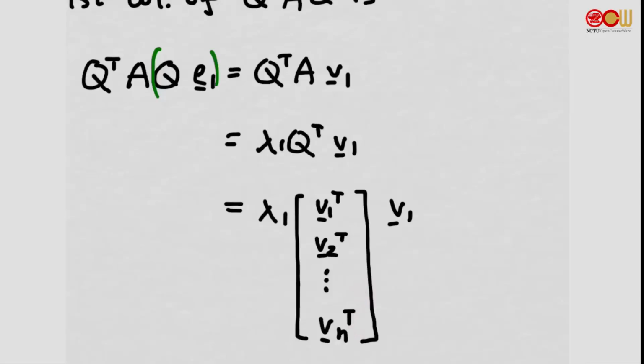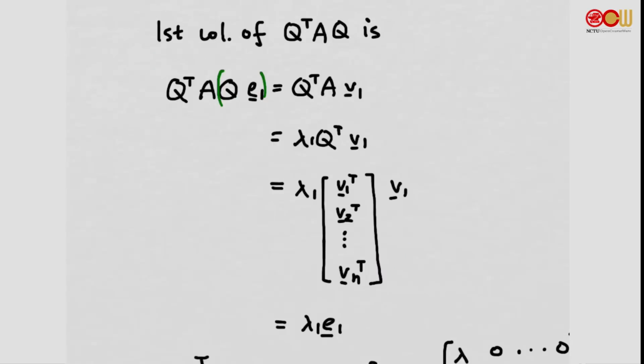So we are taking dot products of these V vectors. The first one, V1 transpose V1, will be 1 because V1 is a unit vector. How about the other dot products? They are all 0. So the first column vector is actually a scaled version of the first standard vector.